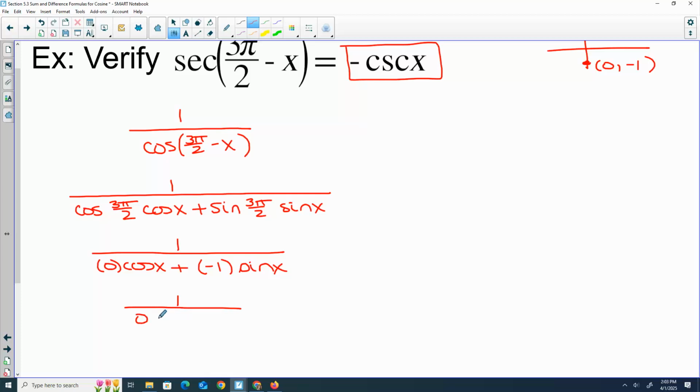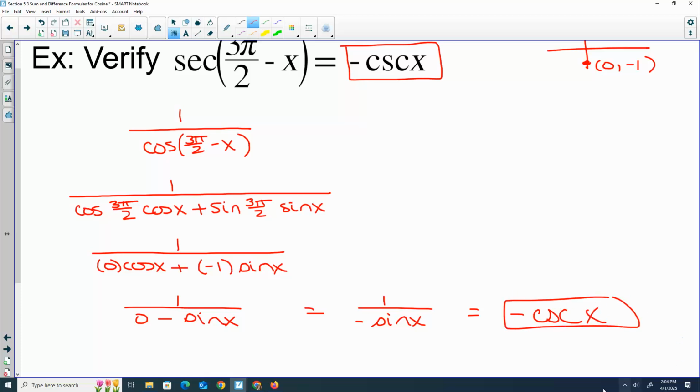Zero times cosine is 0, and sine x. So I have 1 over negative sine x, and what is the reciprocal of sine? So that is negative cosecant x.